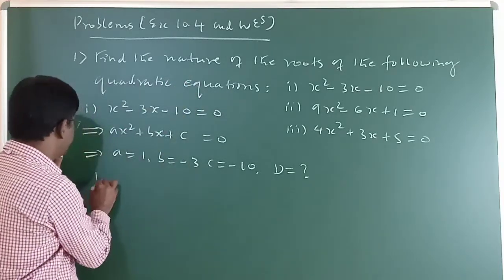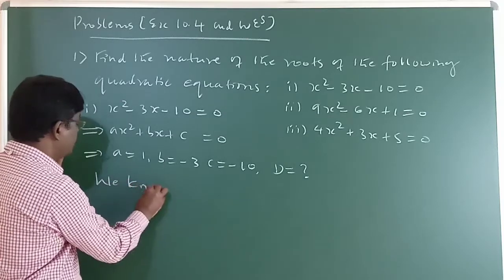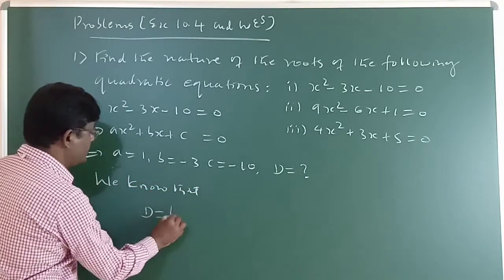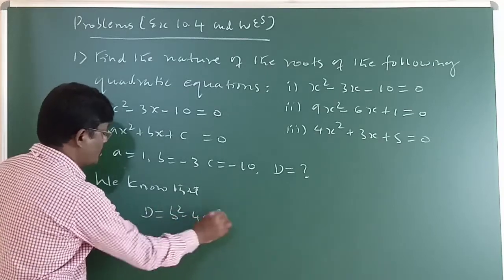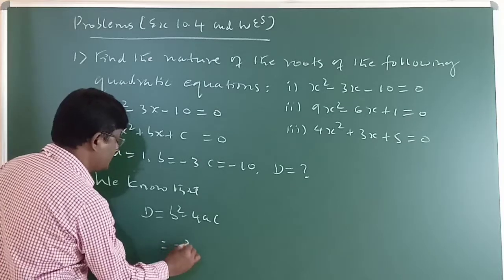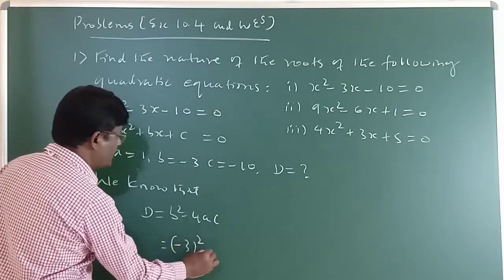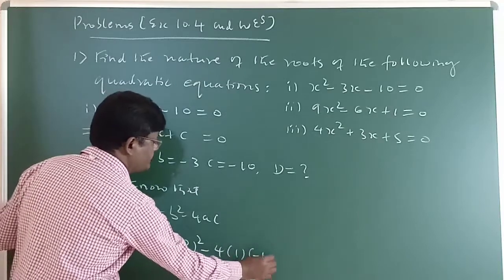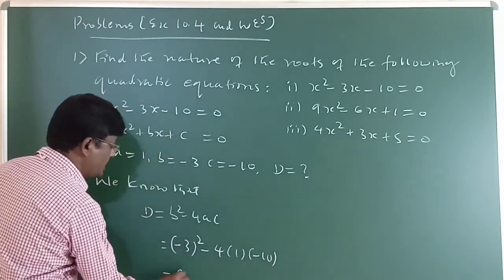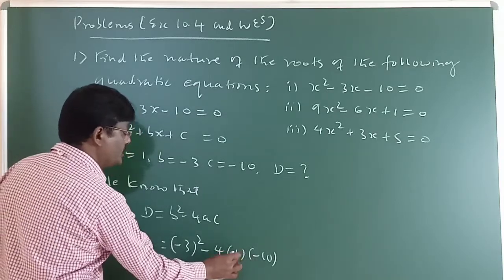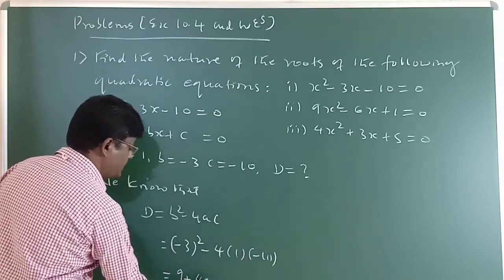We know that D equal to b square minus 4ac. Now we shall substitute. B is minus 3 whole square minus 4ac. Therefore, 9 minus of minus plus 4 into 1 into 10, that is 40.